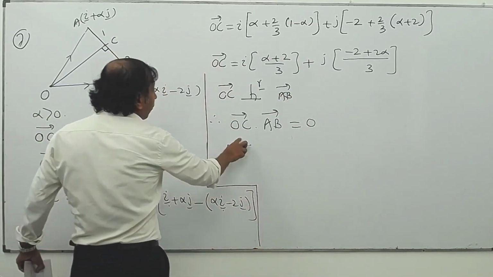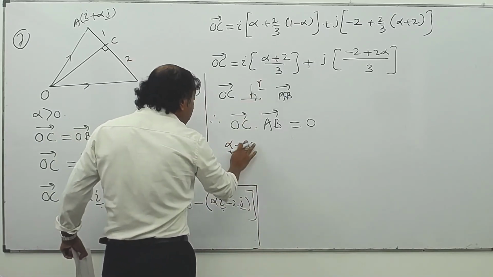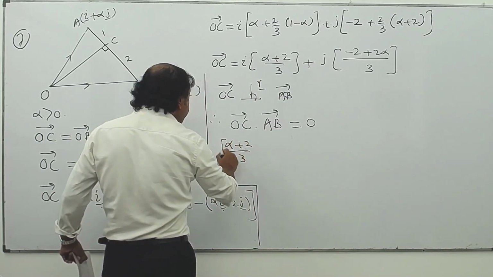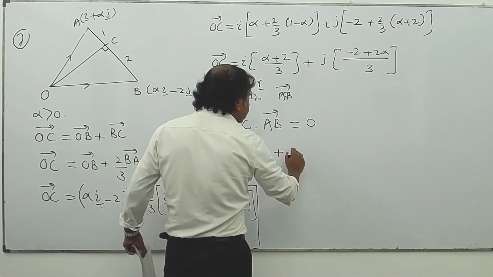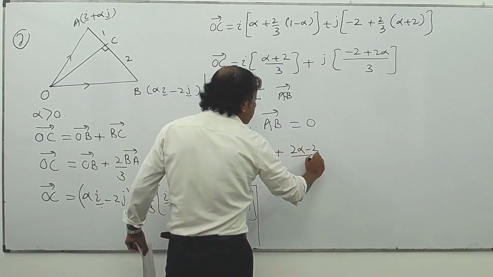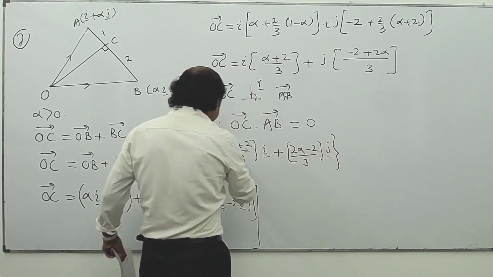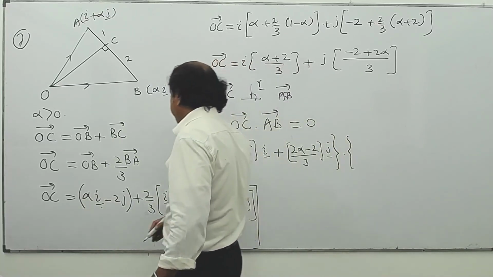Yeah. Now, substitute for OC here: alpha plus 3 alpha plus 2 divided by 3 i plus 2 alpha minus 2 divided by 3 j. Right. Dot AB. How to write AB, people?